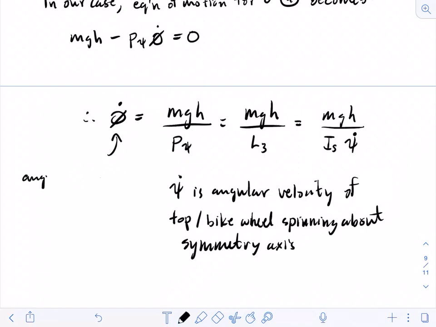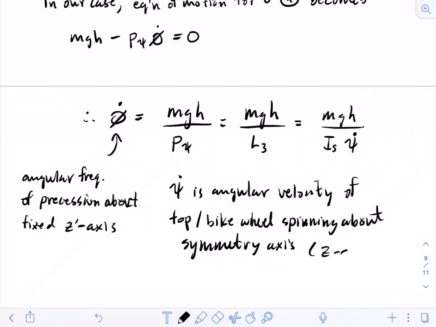This is the angular frequency of the precession about the fixed Z prime axis. Our symmetry axis was the Z axis of the rotating system. So we could change that frequency of precession by changing, for example, the torque mgh that's acting on the symmetric top or the bike wheel.